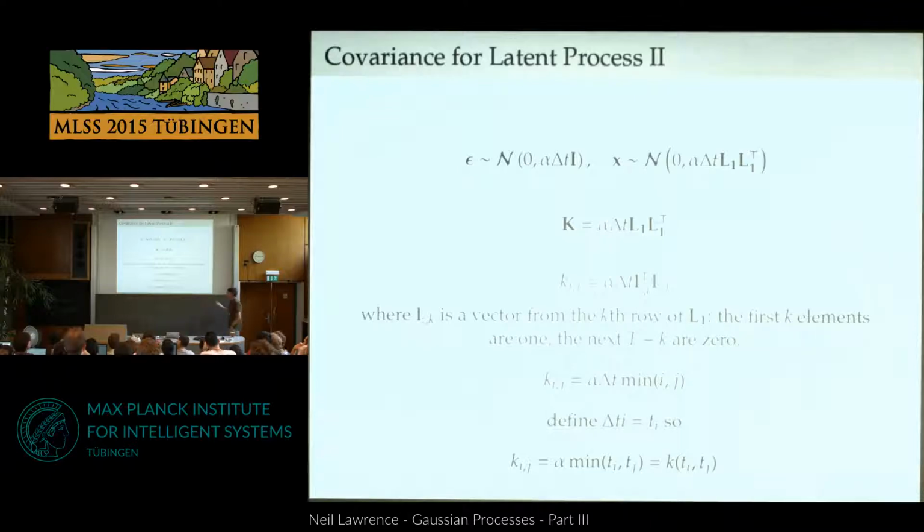But now we notice that we can pull the delta t through the minimum of i and j. This is either going to be delta t i or delta t j, so this is just the minimum of delta t i or delta t j. But delta t times i is simply the time at the current point, because that's our defined time interval. So we can simply replace this: the covariance between these two is the minimum of t i and t j.